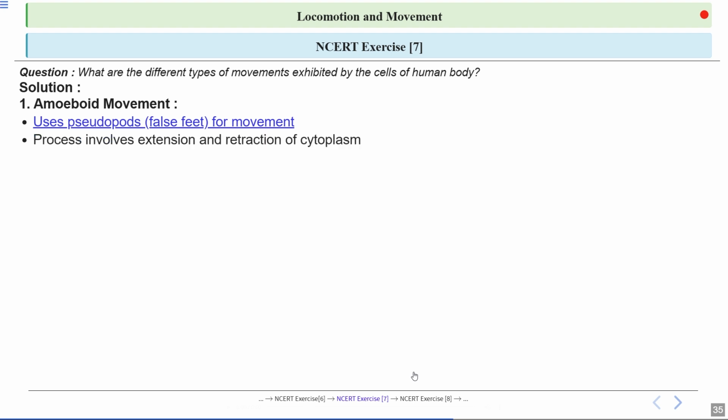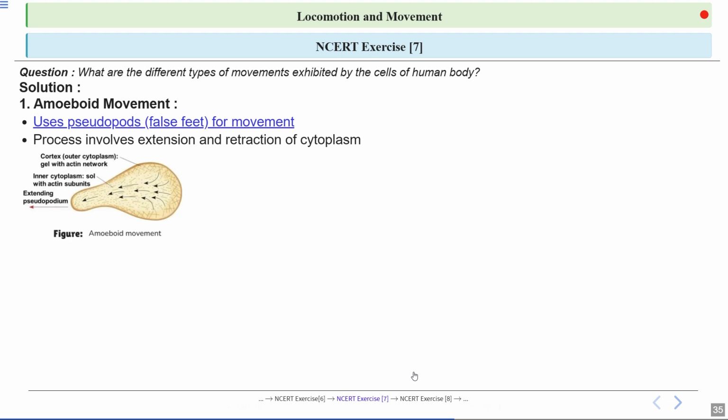The process involves the cell extending and retracting its cytoplasm, which is the jelly-like substance inside the cell. You can think of it as the cell flowing its inside forward to move, almost like squeezing toothpaste from a tube. Here you can see a diagrammatic view of amoeboid movement. You can see the cortex region, which is the outer cytoplasm.